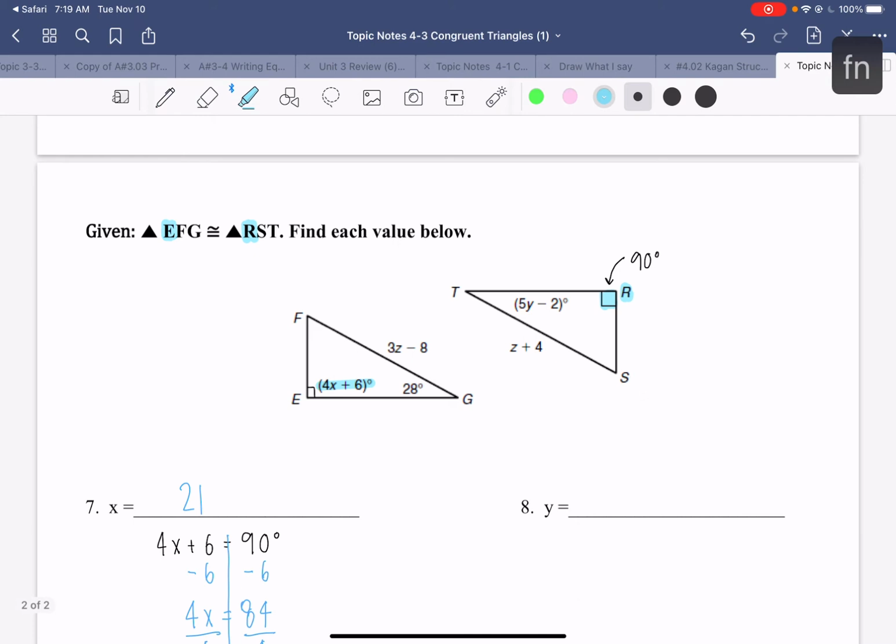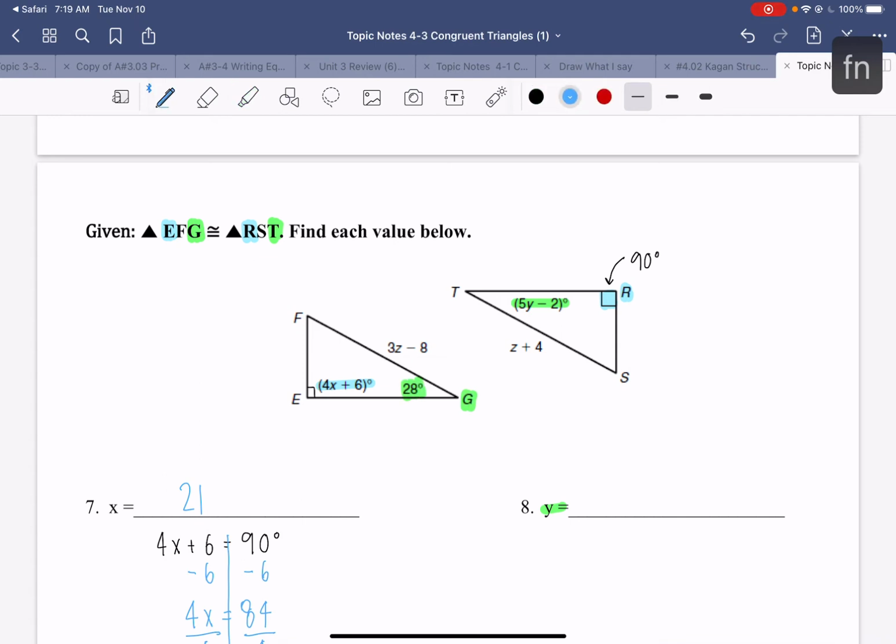Now we want to find the value of y. Y is in angle T, so I'm looking for something congruent to angle T. Angle T is the third letter in the congruent statement, so I'm looking for angle G, because it is also the third letter. Angle G is 28 degrees.